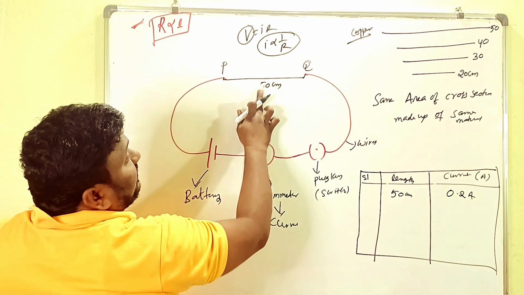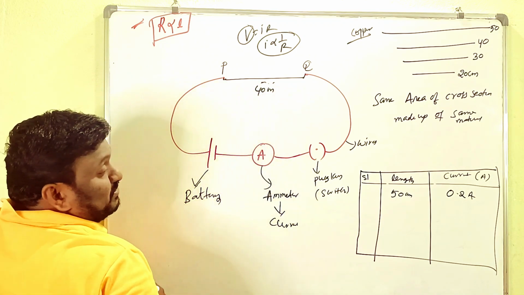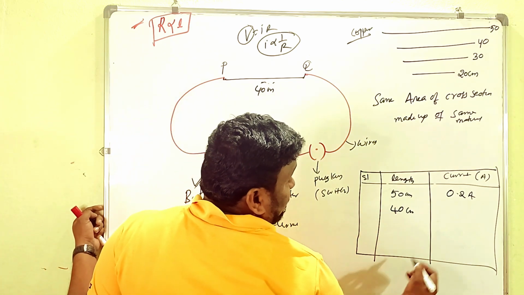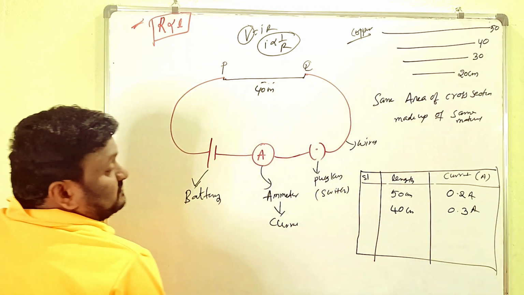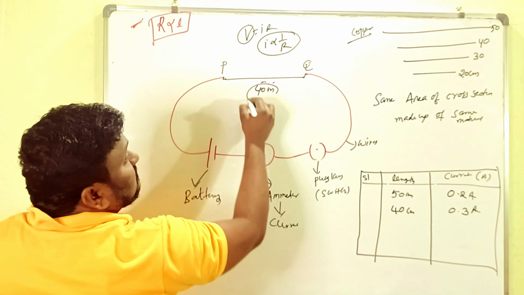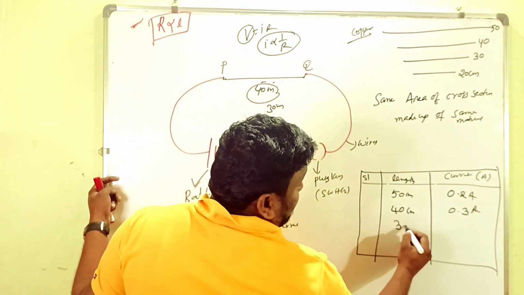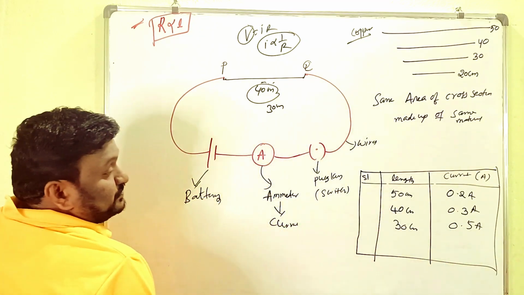Next, it is replaced by the 40 centimeter wire. That means length decreases, and now we read 0.3 amperes. Now it is replaced by a 30 centimeter copper wire, and again you check how much current is shown in the ammeter.